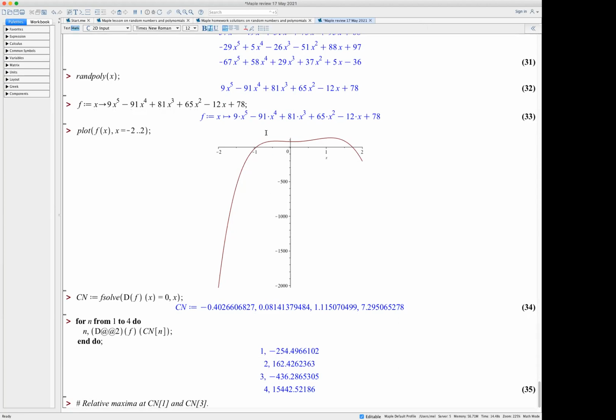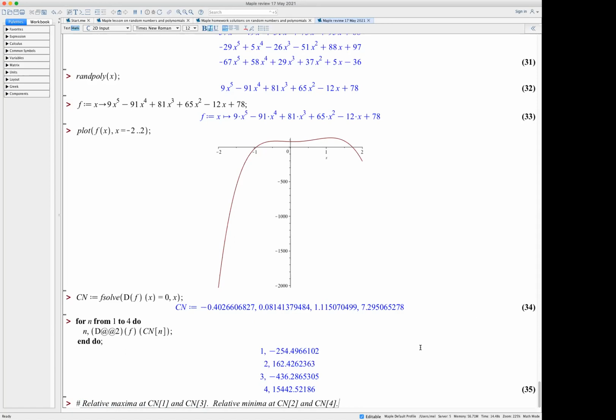So maximum, and relative minima at 2 and 4. So we just found the first part of this problem. Where does it have maxima and minima, relative maxima and minima?